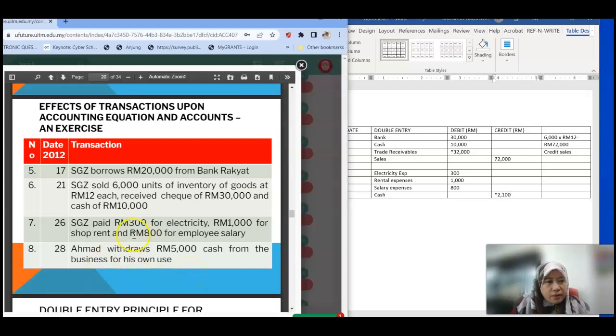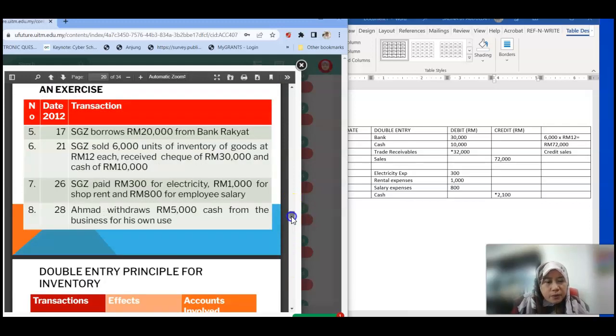Okay, next transaction, 28 February: Ahmad withdraws cash of 5,000 ringgit from the business for his own use. We have discussed this in the previous video. If the business owner withdraws for his personal use, it will be recorded in the drawing account.